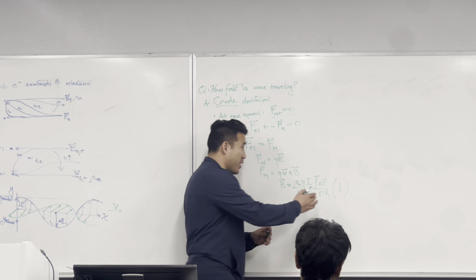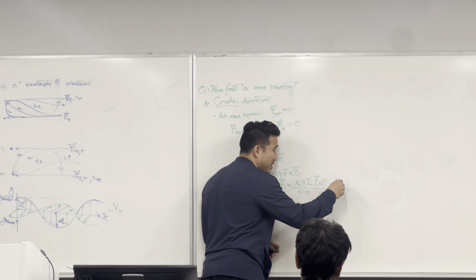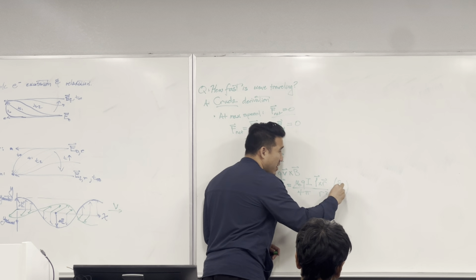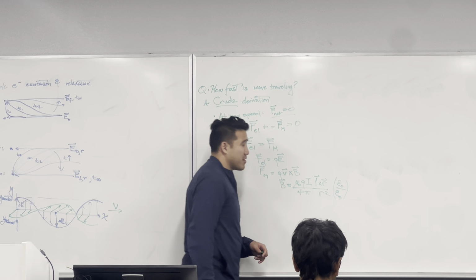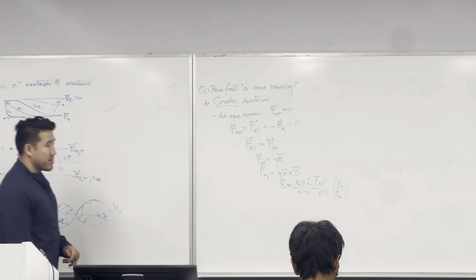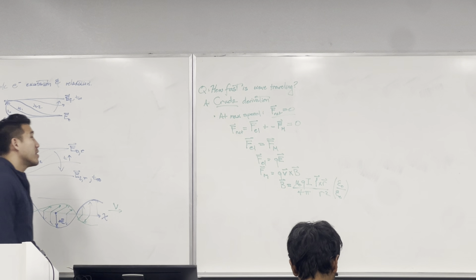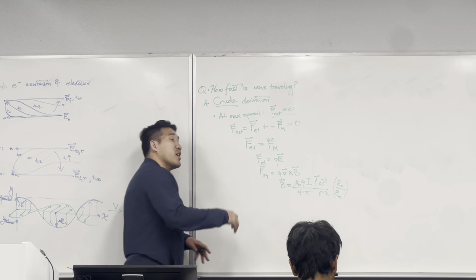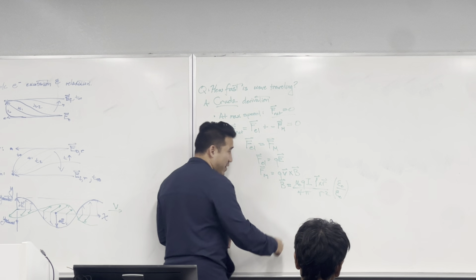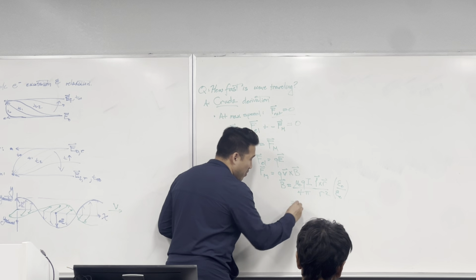But instead of 1, what we're going to multiply by is epsilon naught over epsilon naught. Now, why do we do this? Well, let's rearrange the variables around and see what we actually get out.